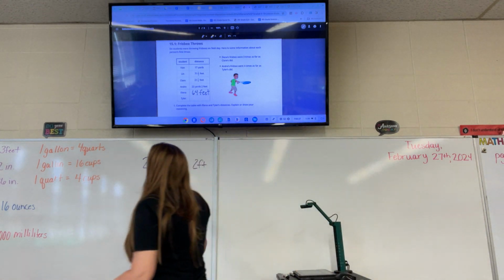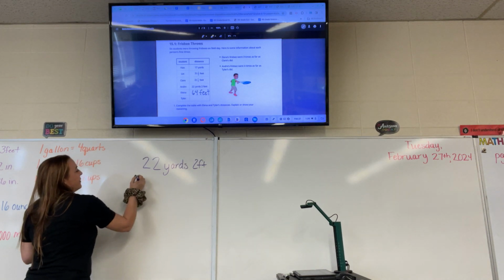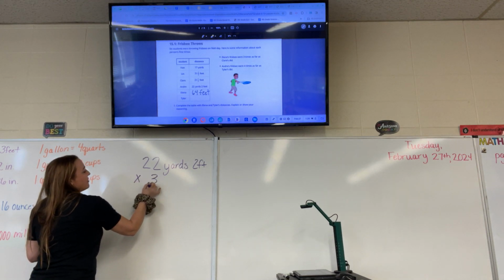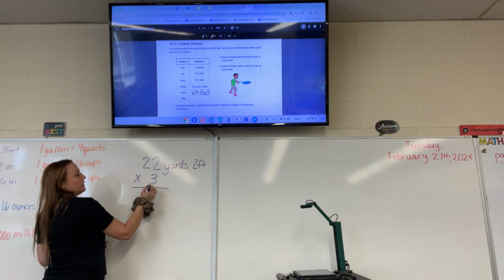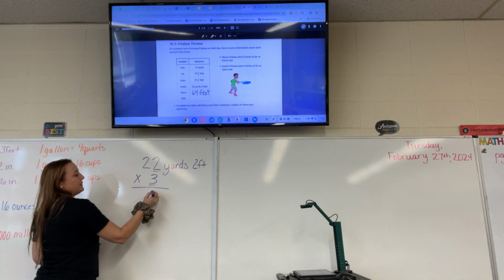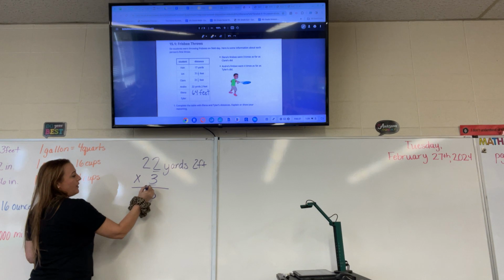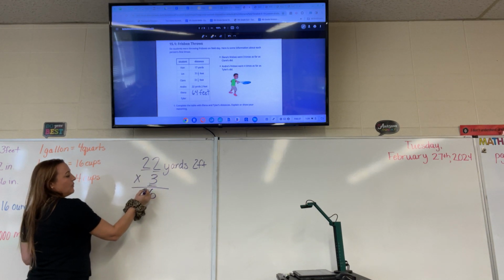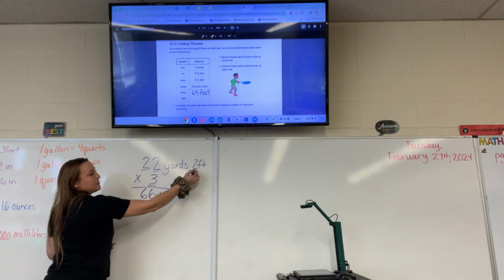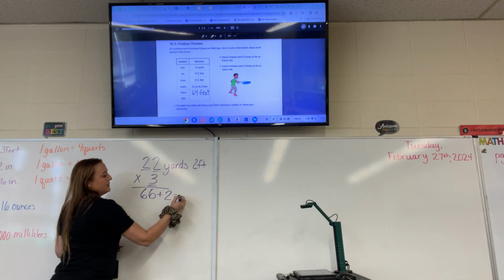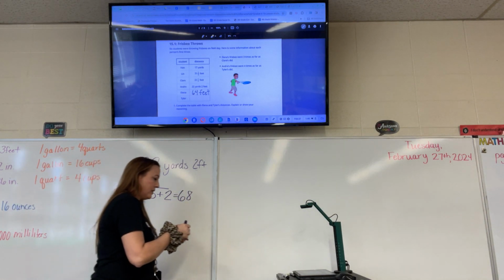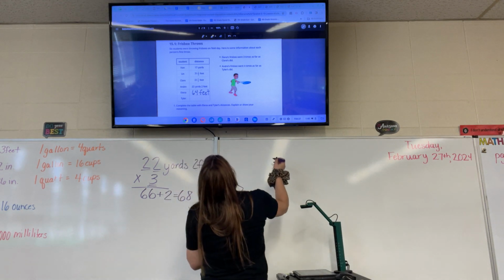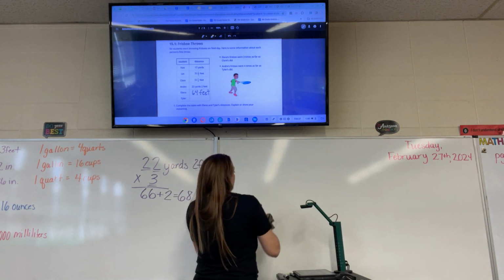So what we're going to do instead is convert this into feet. So how many feet are there in 1 yard? 3. So we have not 1 yard, but we have 22. So we're going to multiply 3 times 2, which is 6, and 3 times 2 again, 6. 66 plus 2 more feet, 68 feet. Now that's what Andre had.